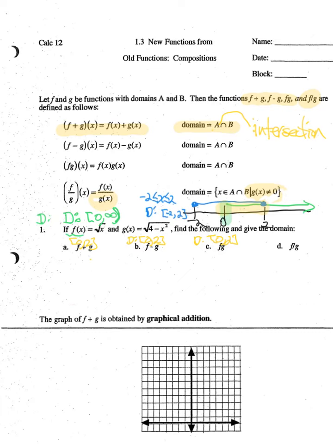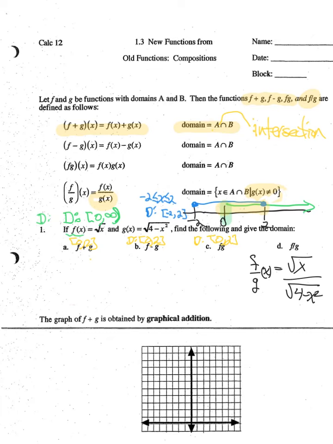So when I have f over g, let's just write out what that is. F divided by g at x means I've got root x divided by root 4 minus x squared.